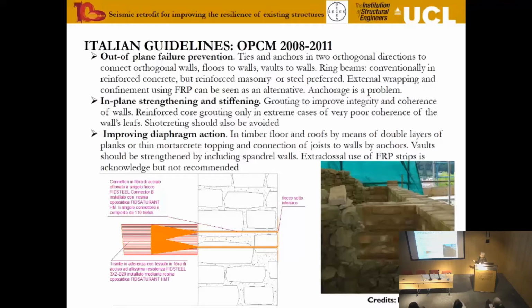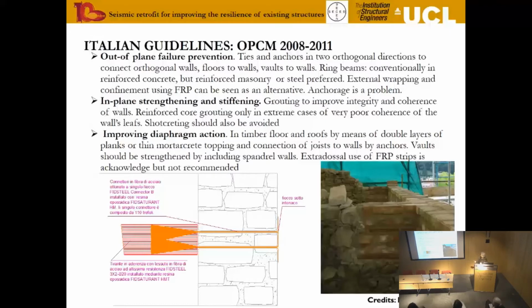So ring beams are still mentioned. It says that reinforced concrete ring beams are not so good, better to do them in reinforced masonry or steel, because that at least reduces the mass that you put in place and they have overall stiffness that is more compatible with the walls themselves.